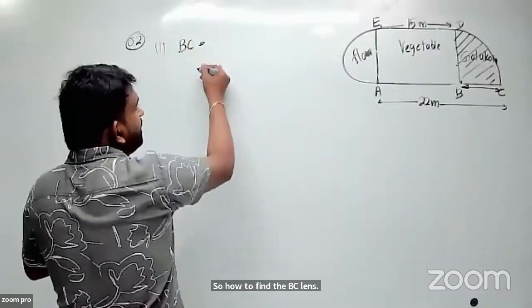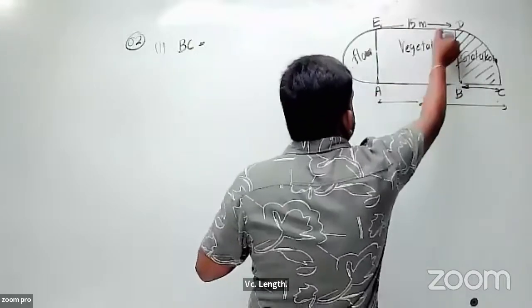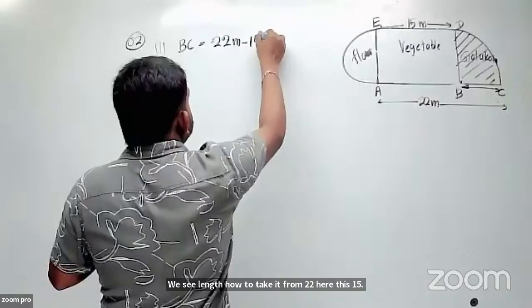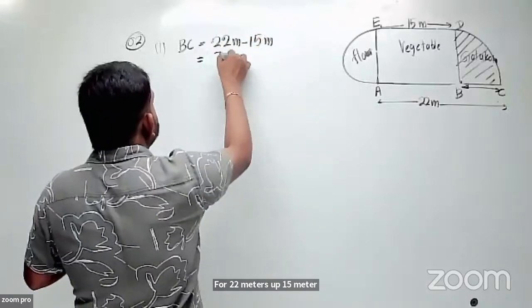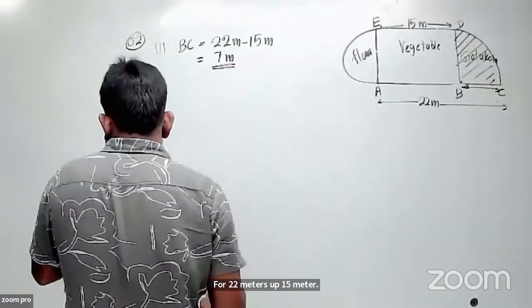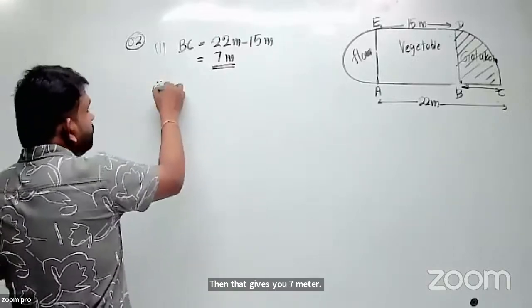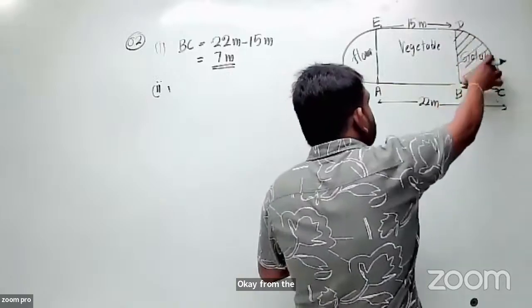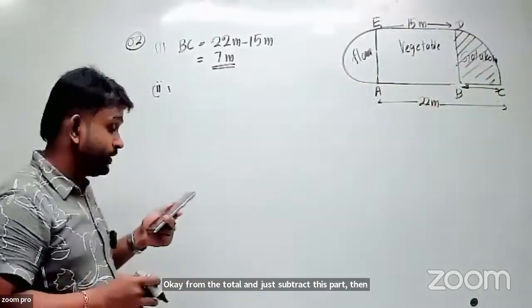From 22, subtract this 15. So 22 meters subtract 15 meters gives you 7 meters. That is the BC length. From the total length, just subtract this part, then this is the radius. This is also radius, same length.